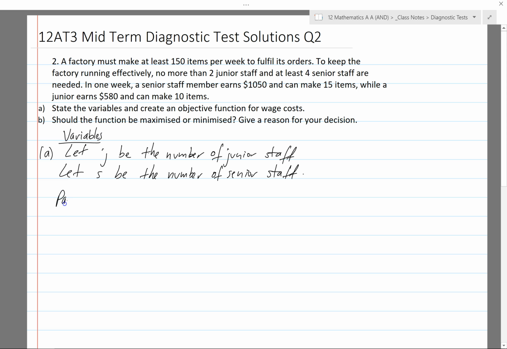So I'm only going to list the parameters for wage costs. So I know a senior staff member earns 1,050.